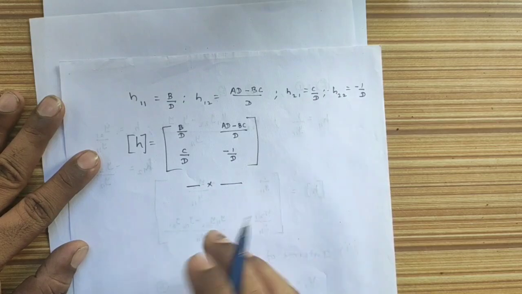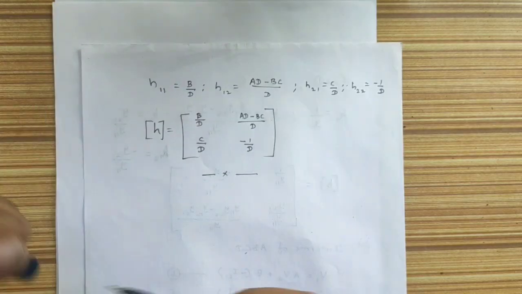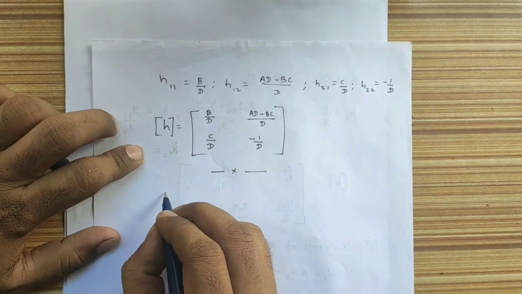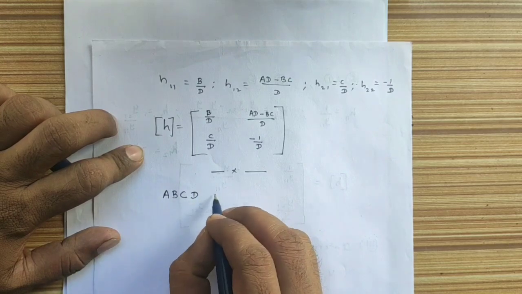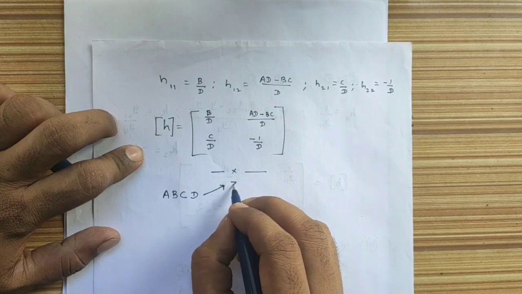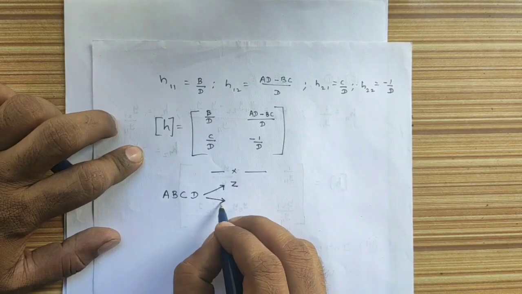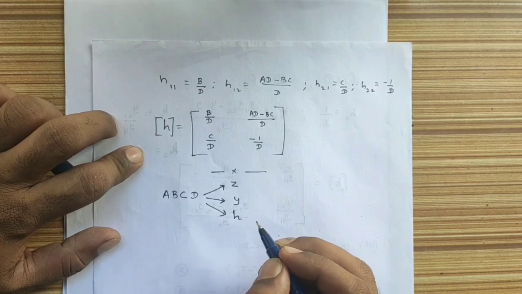Now I am leaving the fourth one, ABCD parameters in terms of other parameters, to the students for practice. What you have to do, you have to write the ABCD parameters in terms of first one Z parameter, second one Y parameter, third one H parameter.